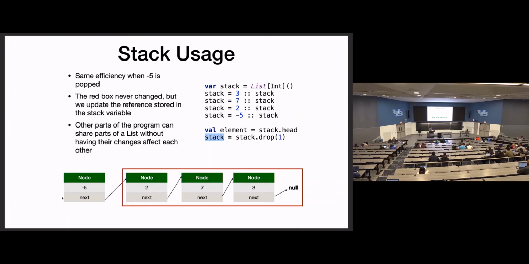Just by playing with references. We talk about references all the time because they're important, they're powerful, they're useful. And it's how computers work. We use references in a lot of things. Just update the reference, we very efficiently prepend to the list, push to the stack.